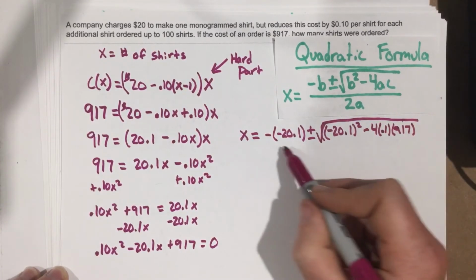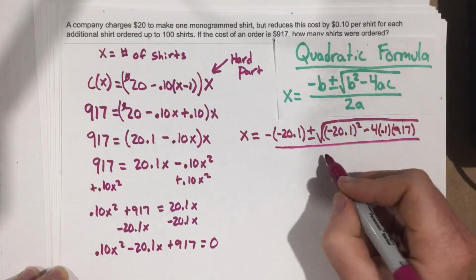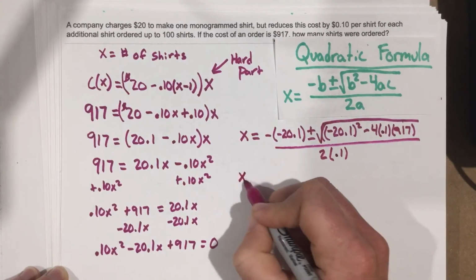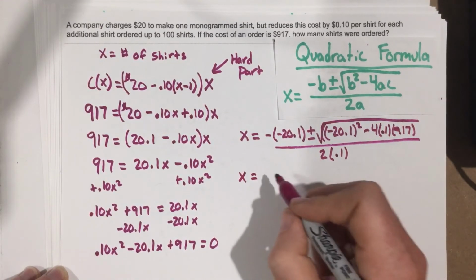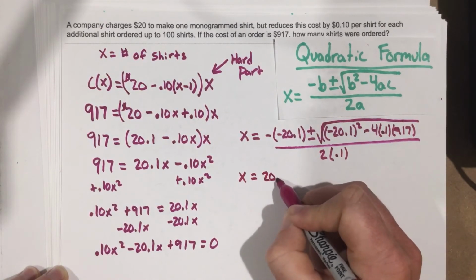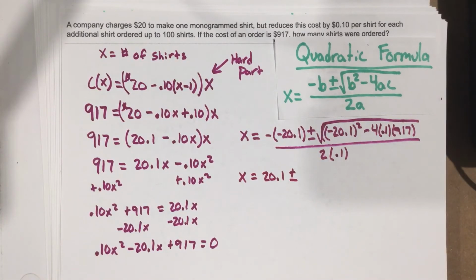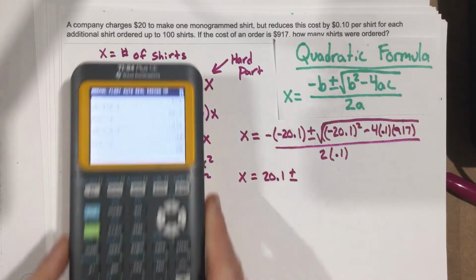Okay, and that's all over 2 times a, which is 0.1. So we're going to use a calculator to do most of this. Let's go ahead and use our calculator to plug all that in. Save ourselves lots of headache there.